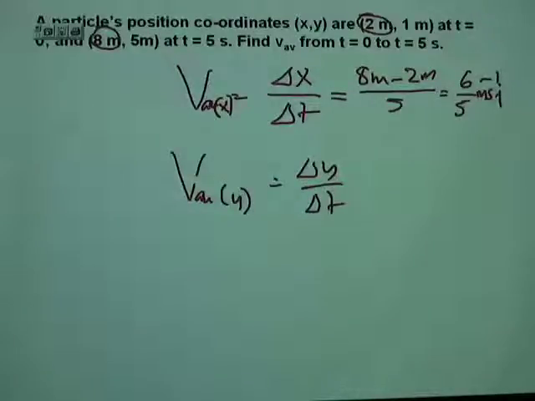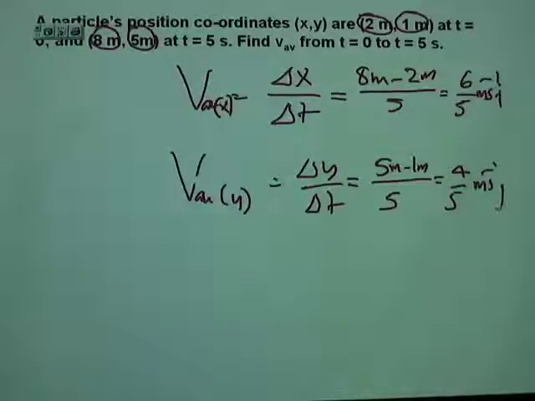Average velocity in the y direction will be delta y divided by delta t. What is delta y? The change in the y position. It will be 5 meter minus 1 meter. That will be 5 meter minus 1 meter over 5, and that will be 4 over 5 meter per second j.